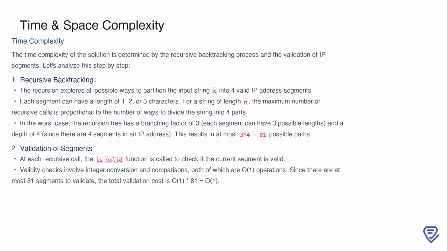Additionally, at each recursive step, the algorithm validates whether the current segment is a valid IP component. This validation involves basic operations like integer conversion and range checking, both of which are constant time operations. With a maximum of 81 segments to validate, the total cost of these validations remains constant, making their contribution to the time complexity negligible overall.